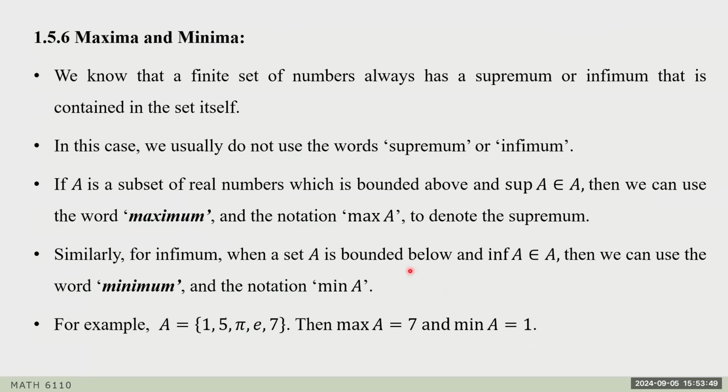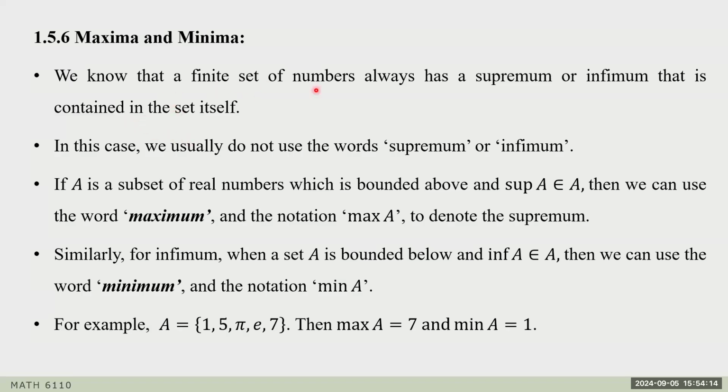All right, so that brings us to maximum and minimum. So a finite set of numbers, which was the example that I gave, always has a supremum and infimum that is contained in the set itself. Okay, so if that seems kind of weird, then you need to sit and think about why that is true.